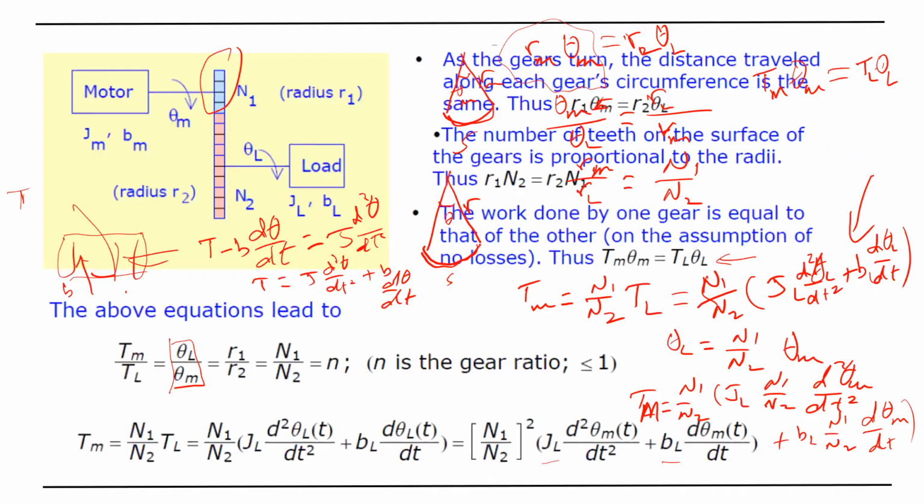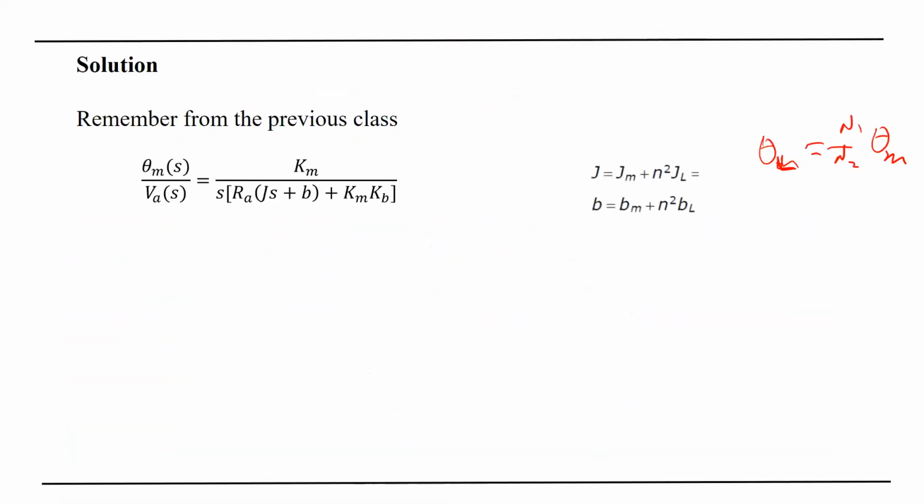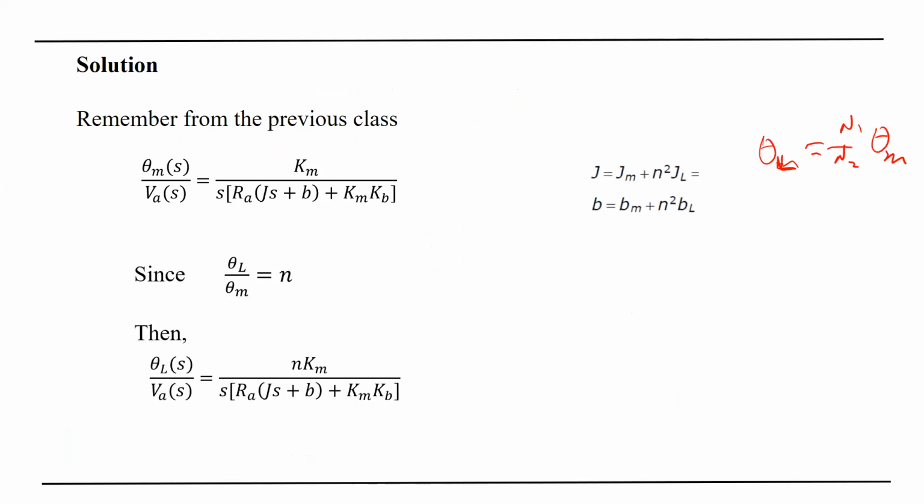Yes, theta L to theta M equals N1 to N2. They are directly proportional with the turn ratio. Exactly. So basically, this is the transfer function. Any question here?